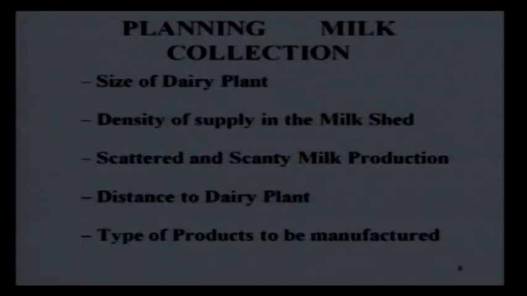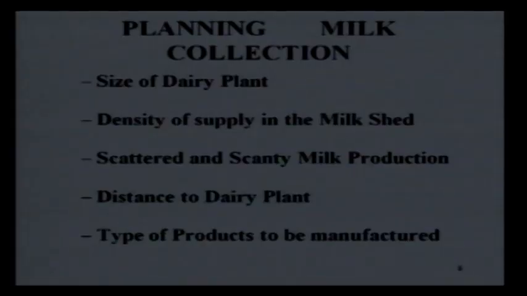Then I mentioned this scattered and scanty milk production. In our country, the characteristic of milk production is very scanty and scattered, because we have to collect the milk from different farmers who are producing small quantities. Then distance to the dairy plant should also be taken into account when we develop the collection network.